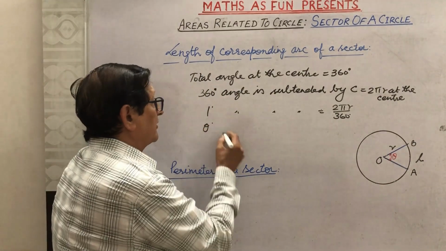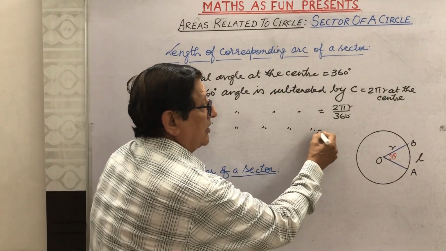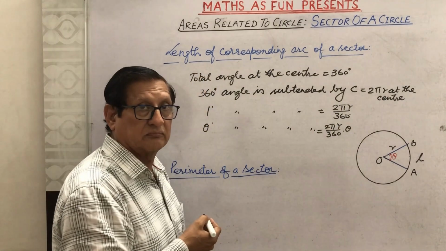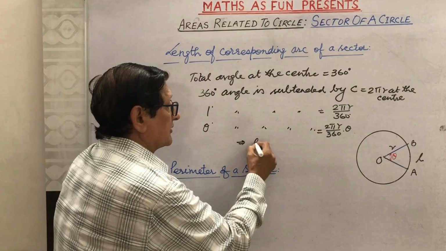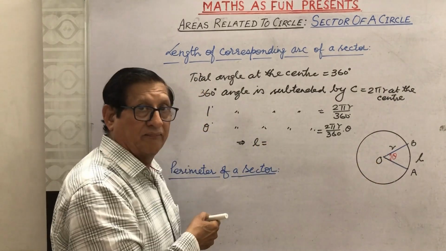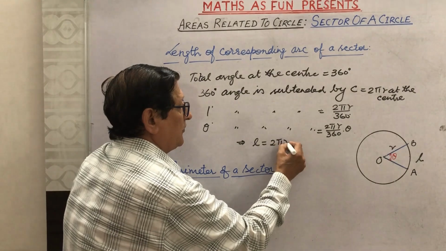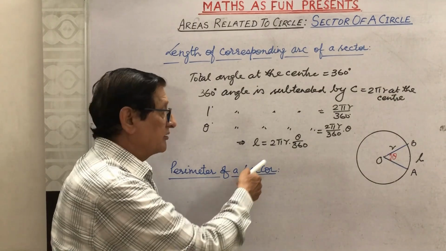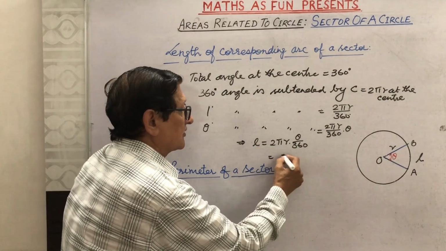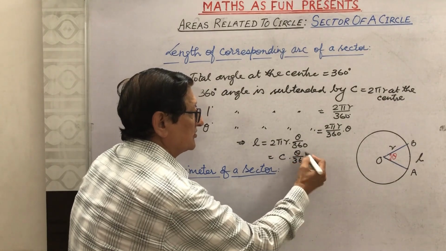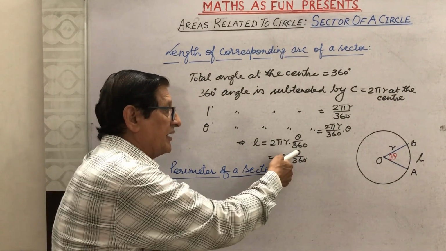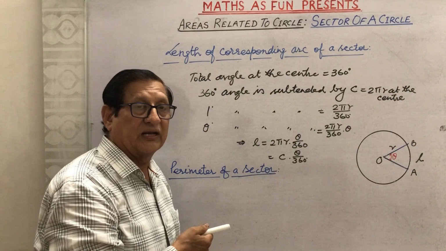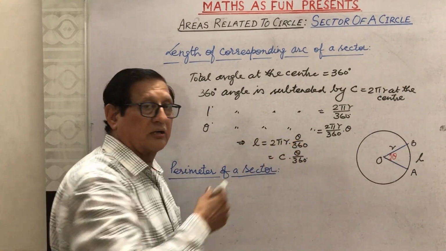So theta degree angle will be subtended by the arc that is 2 pi r upon 360 into theta. So we can say that the length L of the arc AB is given by the formula 2 pi r into theta upon 360. Easily we can remember it if we use the word C, that is circumference, into theta upon 360. So if we divide the angle of the sector by 360 and multiply it to the circumference, that gives us the length of the arc of the sector.